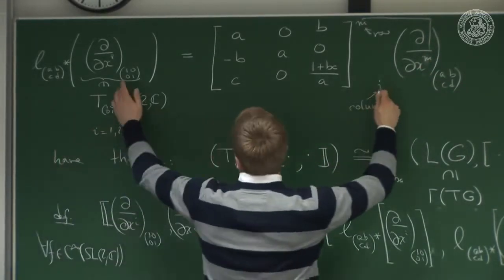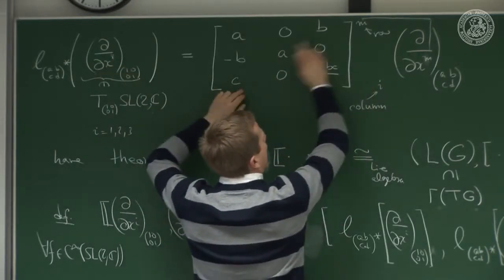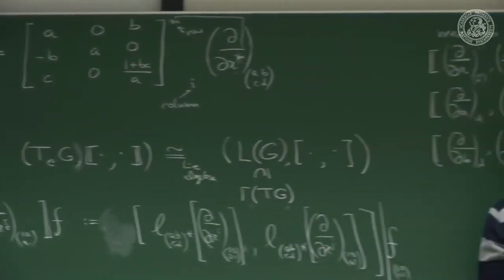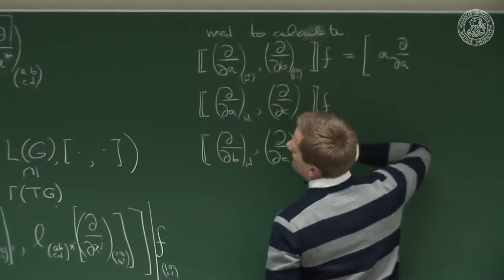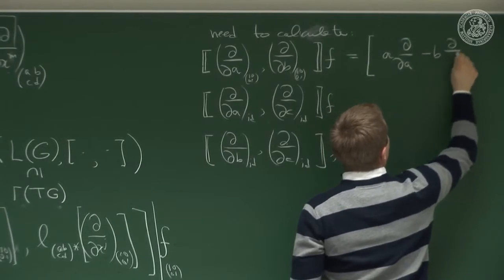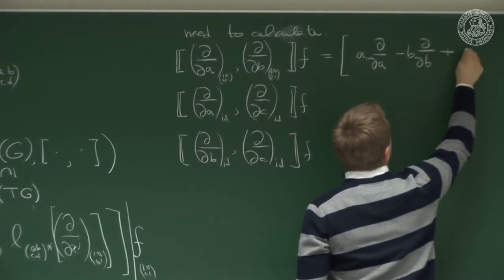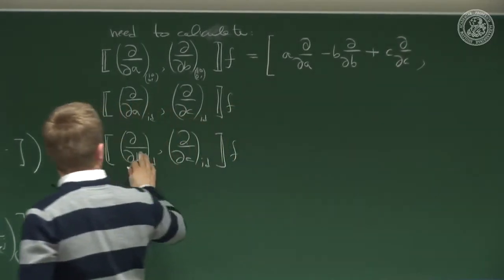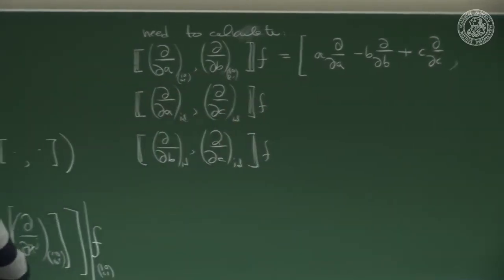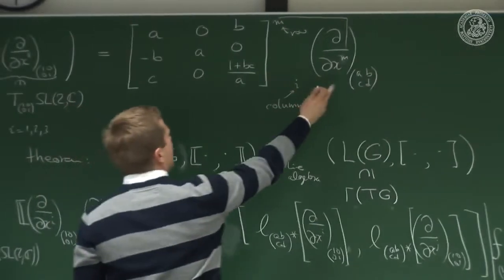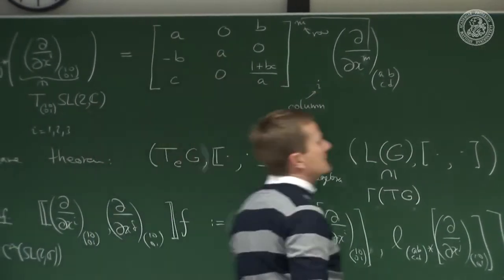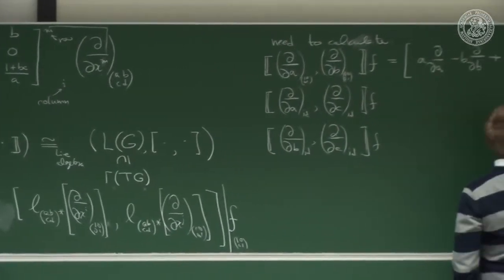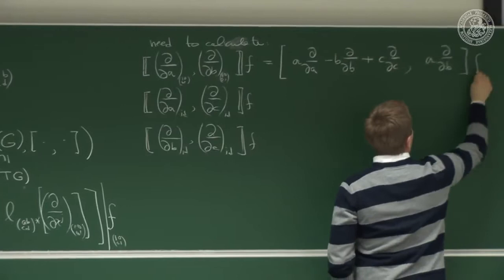So the column is being fixed to the first column, and the m is running, so it's A d by dA minus B d by dB plus C d by dC, comma, so that's the first one. The second, the push forward of the second vector field, it's the same game, obviously played with the second row, but that's much simpler. That's A d by dB, close bracket, acting on a function.